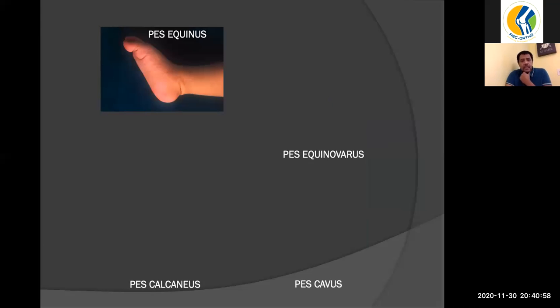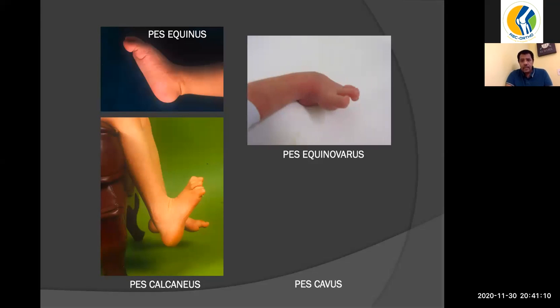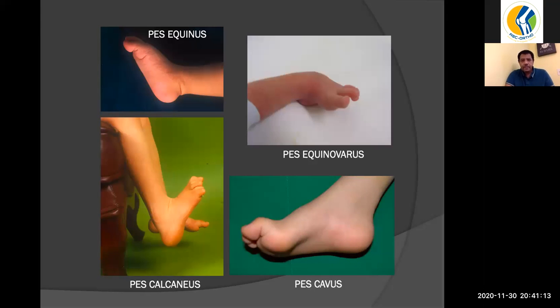طيب هنا عندنا some clinical examples اللي هي like this first one is this equinus, and here we have this calcaneus and equinovarus and cavus. طيب احنا هسي قدرنا نفهم الفكره بتاعت علاقه الانكل مع الهايند فوت مع الجيت. اذا عندنا اي disruption، عرفنا النورمال، اذا عندنا اي disruption في الاناتومي، سواء كان الاناتومي ده from the bone deformity or ligament deformity, it will affect the gait and it will affect the biomechanics of the ankle and foot.